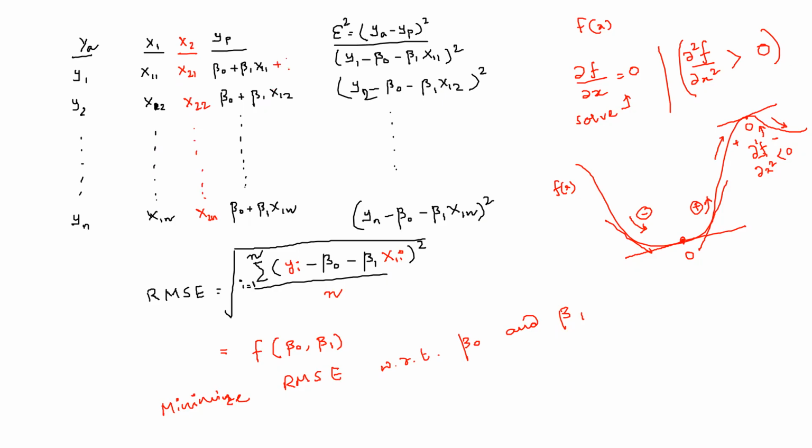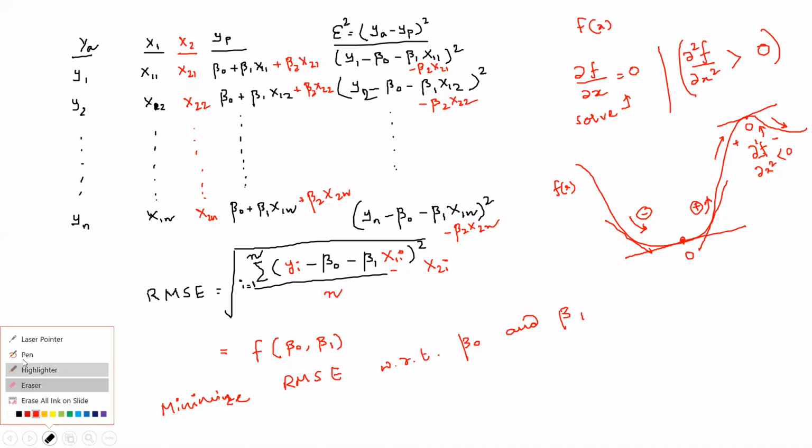This becomes beta 2 x21 plus beta 2 x22 plus beta 2 x2n, and here comes minus beta 2 x2i. Out of that, my x2i is known. The individual values of x2 are known for each of the i's, that means for the first to nth observation. However, beta 2 is not known.